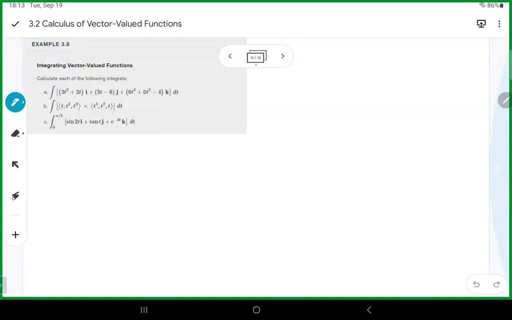All right, we're going to work on B now. So here's the first thing we want to calculate. To do that, we're going to end up with i, j, k.